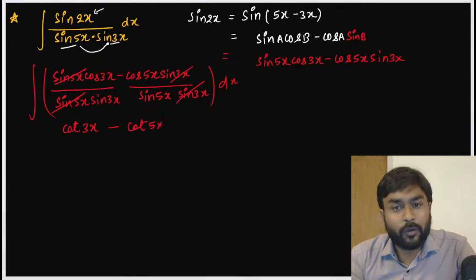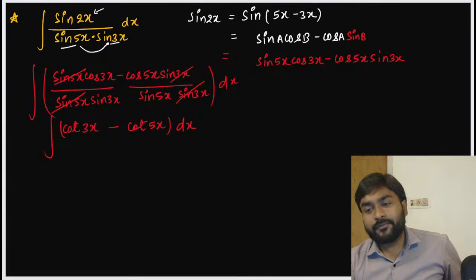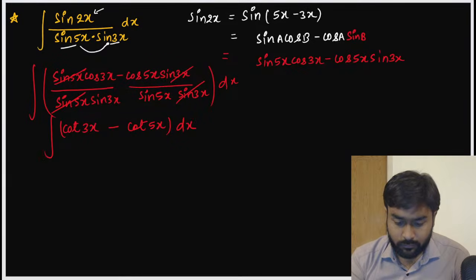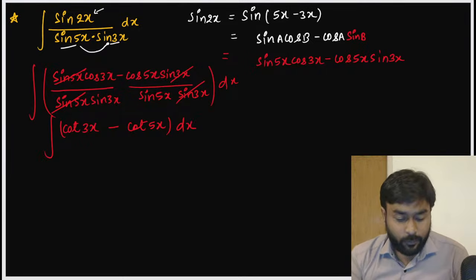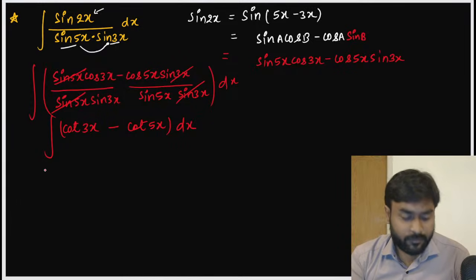If you know the formula, after this you can tell me the formula and the answer you will get. I am waiting for you. Tell me the answer after this.